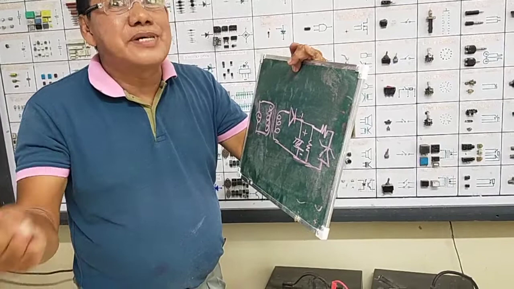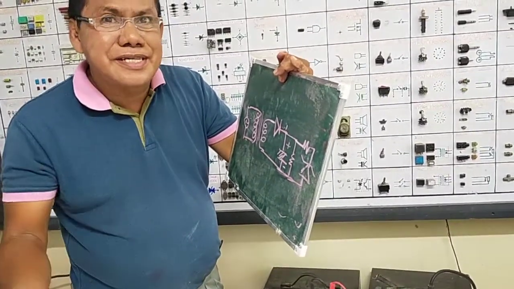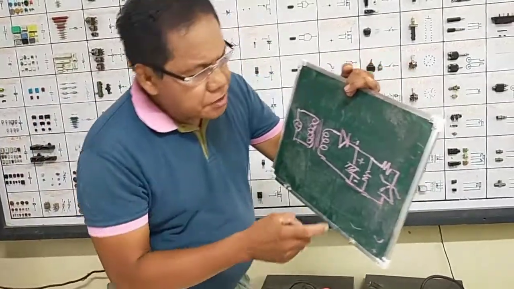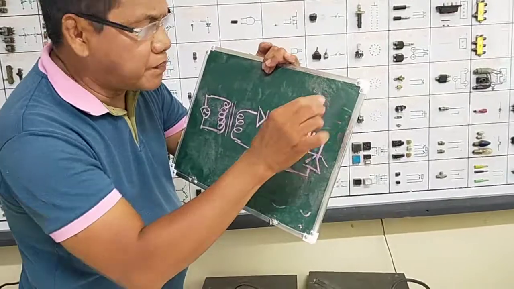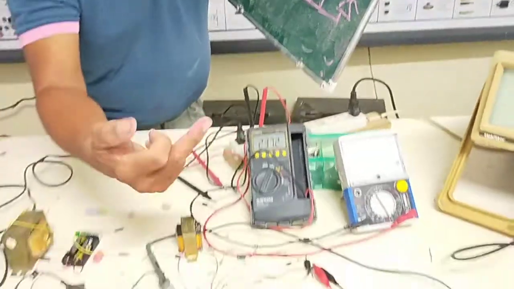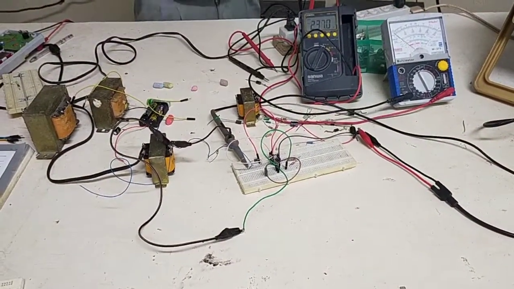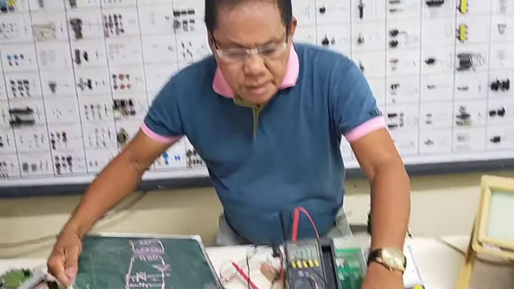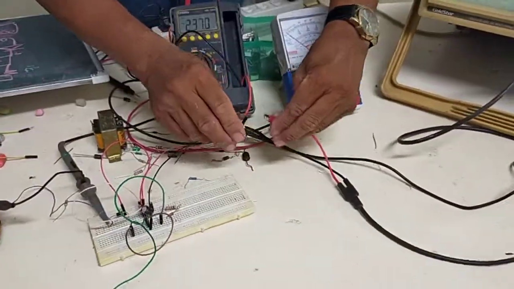It is always in the reverse direction. That is how we use and connect a Zener diode in a circuit. So, the resistance of this resistor is 1 kilo ohm. Whatever the Zener voltage or the breakdown voltage of this Zener diode will be the output also of the power supply.